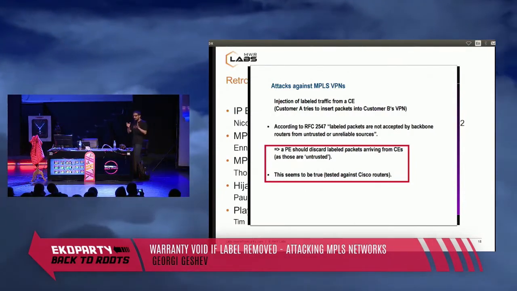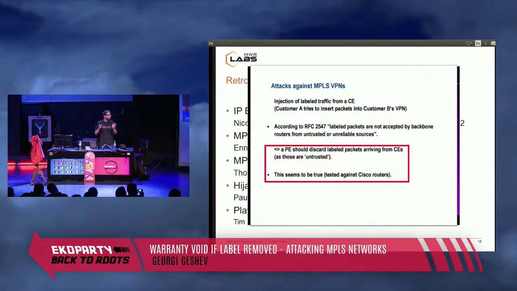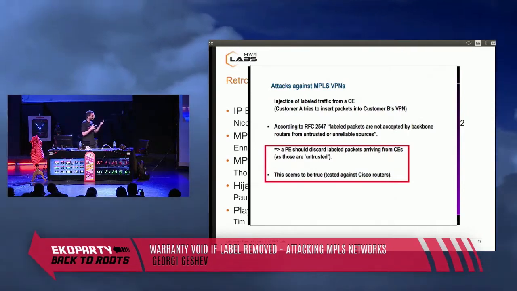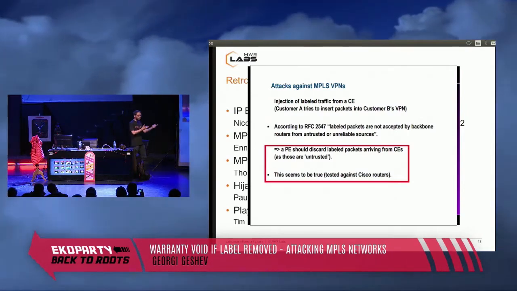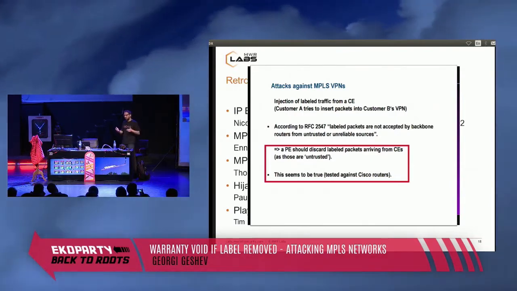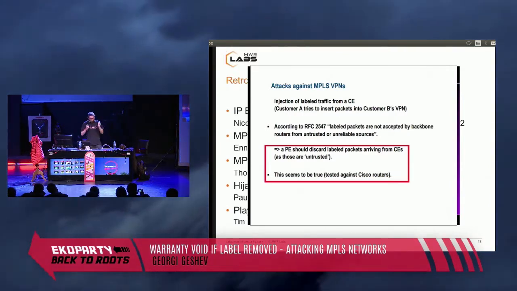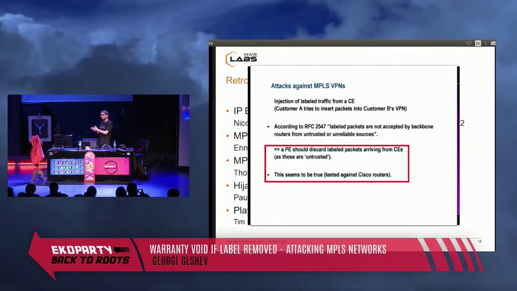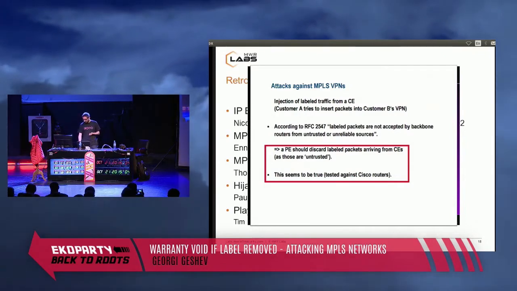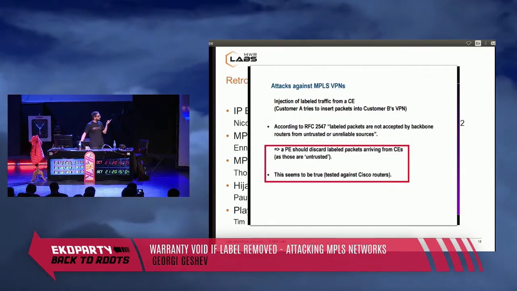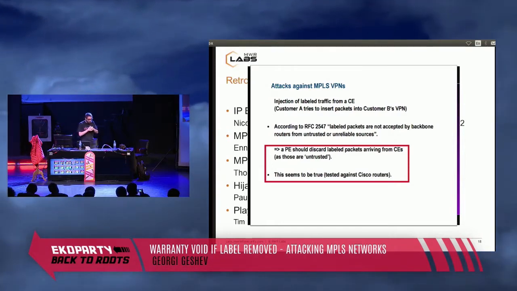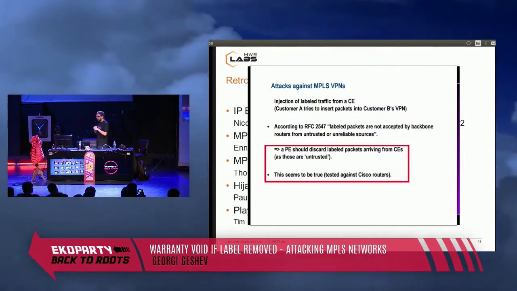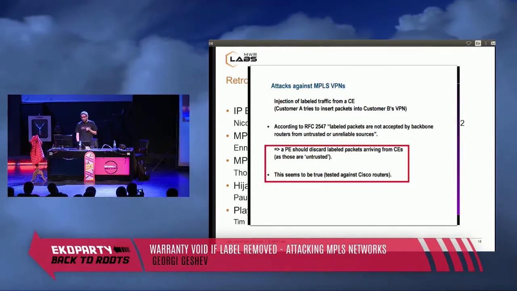This means a customer should only send clear IP traffic to the provider, and in case a customer decides to encapsulate traffic in MPLS, or due to misconfiguration encapsulates its traffic in MPLS, the service provider should just discard this traffic and should not process it any further. Again, this seems to be true, as stated by Enno Ray from ER&W, really good piece of research, and apparently they tested Cisco kits for this kind of attacks.